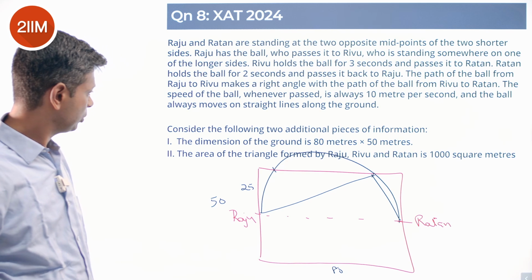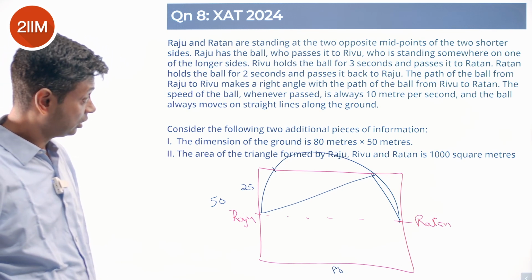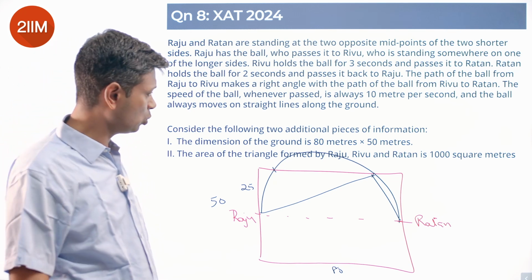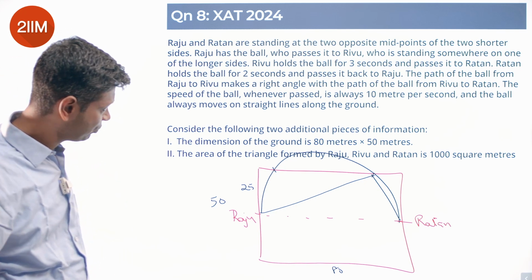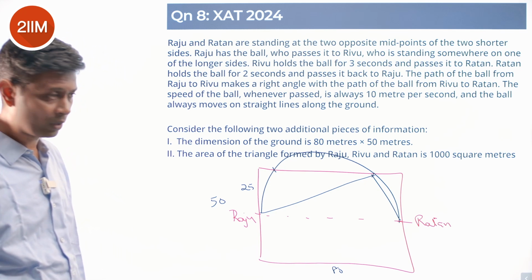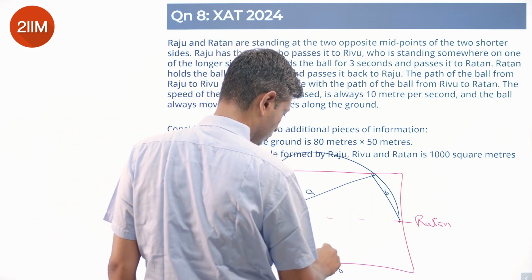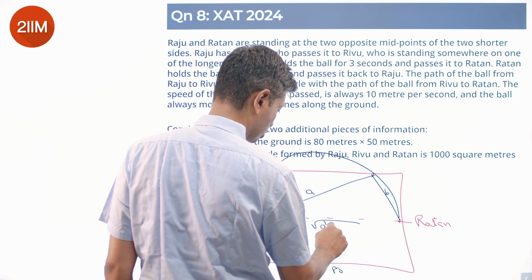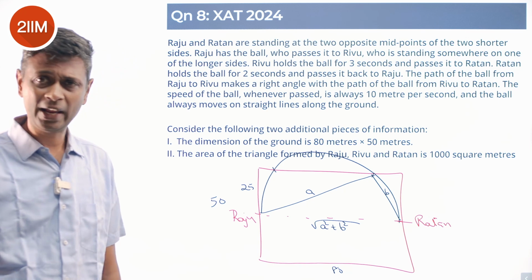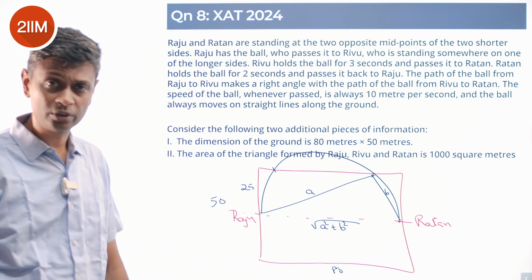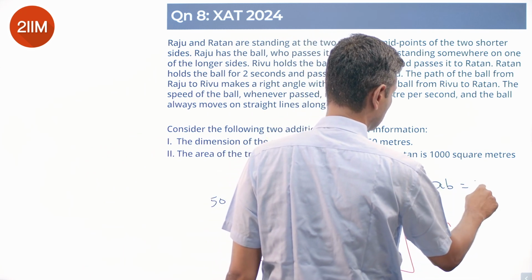And so, nice. The area of the triangle formed by Raju, Rivu and Ratan is 1000 square meters. Very interesting. So let's say this is A, this is B, this is square root of A square plus B square, and we know that half into A into B is 1000, or AB is 2000.